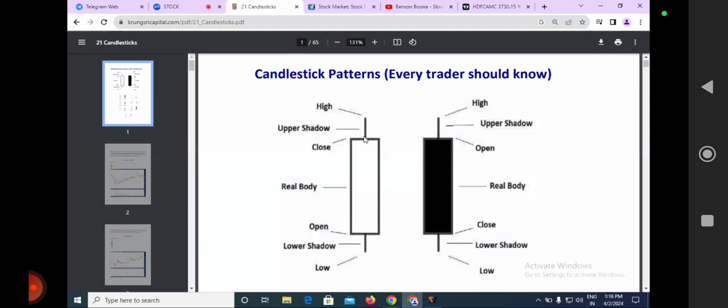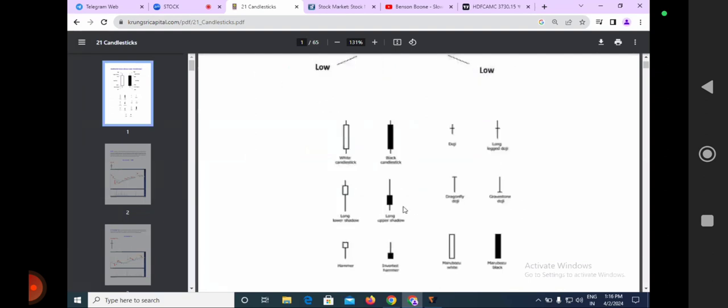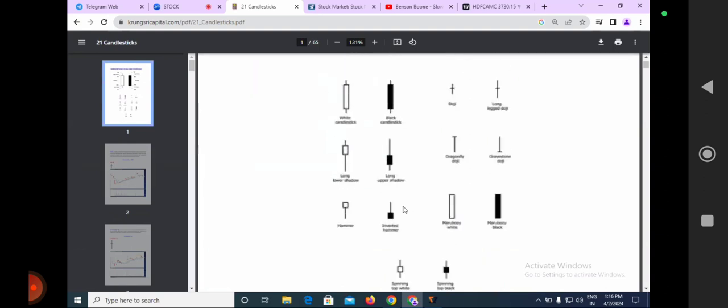This level at the close is termed the closing price of the candle, and the entire body is called the body or real body of the candle. This here is the open price, and this is the lower shadow. The same thing applies to any other color of candle, whether red or black.